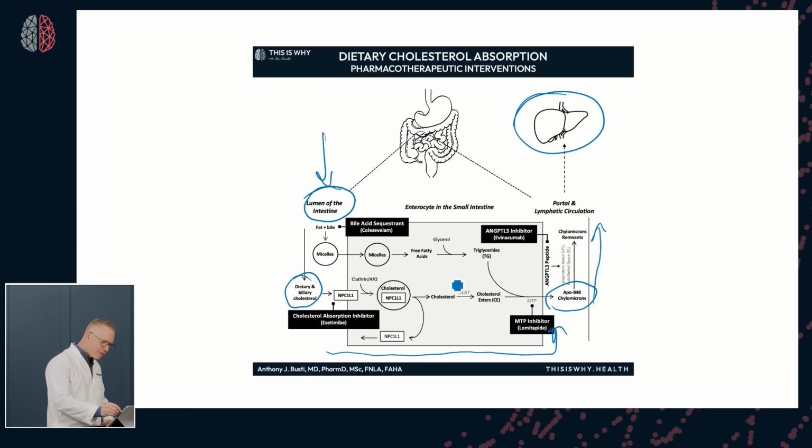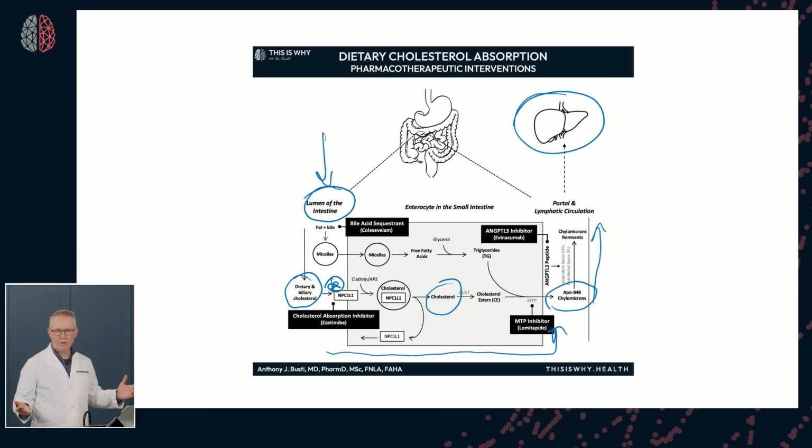So in the middle of this enterocyte, you see cholesterol that came from that dietary component. The way that it gets through there is through a process by Niemann-Pick C1-like peptide, and that's right here on the luminal side of the enterocyte. And that's exactly where the cholesterol absorption inhibitor ezetimibe, also known as Zetia, is blocking cholesterol absorption.